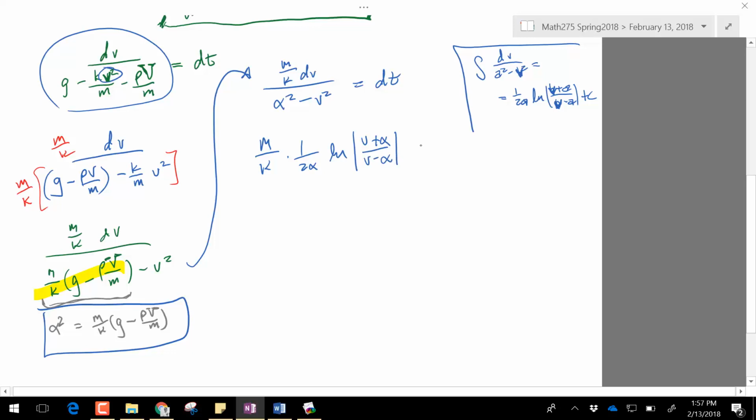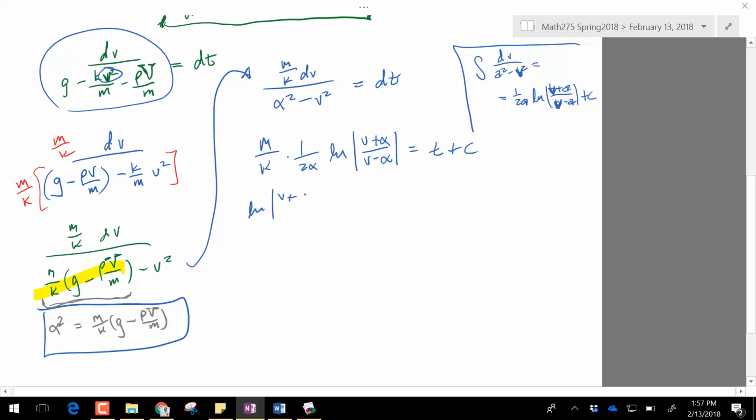Okay, so that's the left-hand side equals t plus c. Suppose we should bring everything over to the right-hand side. All the constants, that is.